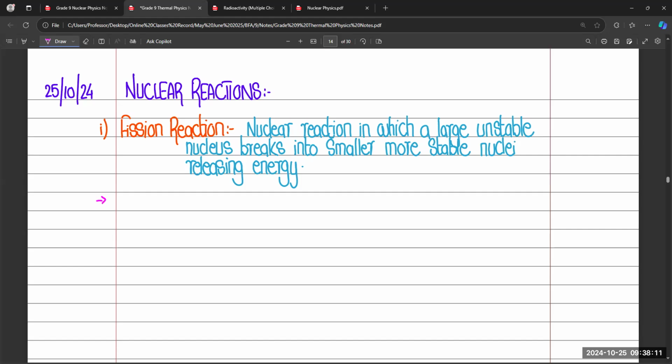To start this reaction, this reaction is triggered by inserting a neutron in the unstable nucleus.